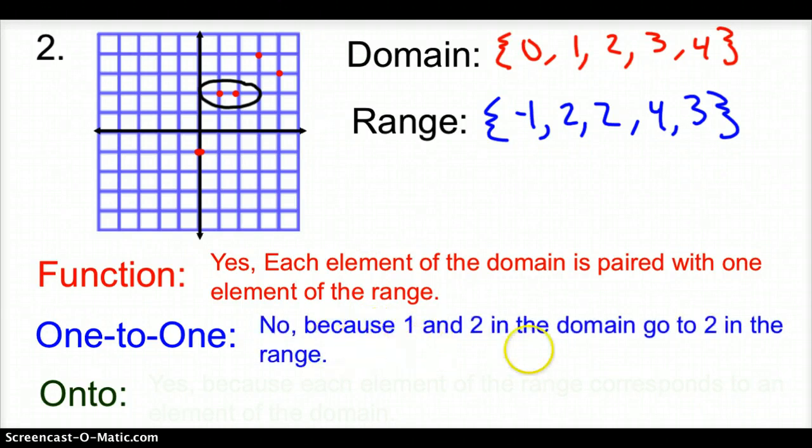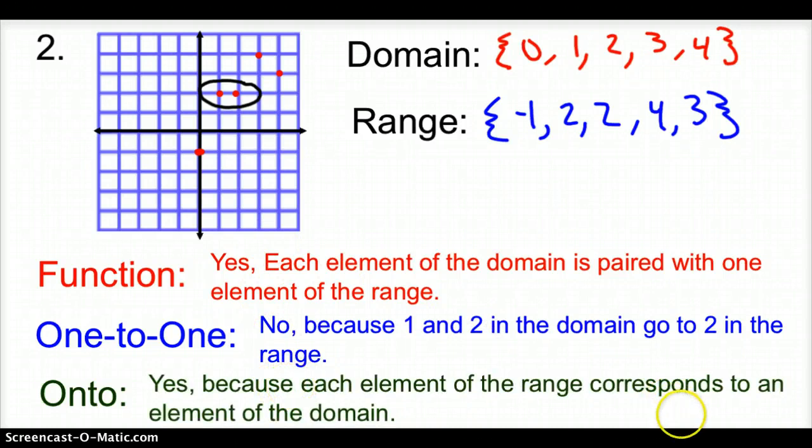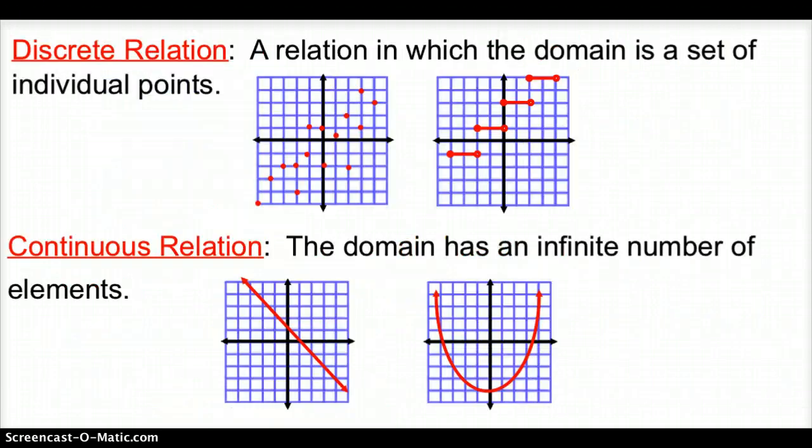No. And it's stated right here. And then is it onto? Yes, because each element in the range corresponds with an element in the domain. Besides mapping, guys, a graph and given points has to be onto. That's a little hint. Again, a graph and when you're given your points, and even in a table, they all have to be onto functions.